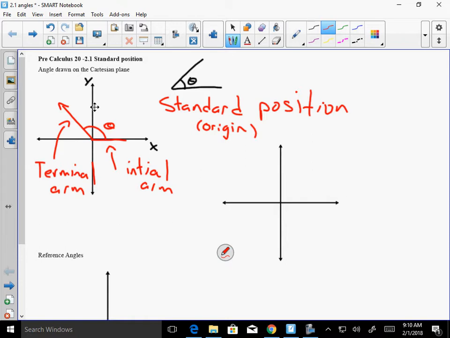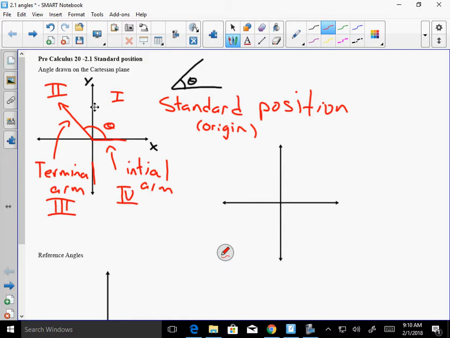Okay. Now, each one of these quadrants, I don't know if you guys have been taught this before when we did Cartesian planes, but there are 4 quadrants, right? This is quadrant 1, quadrant 2, this one down here is quadrant 3, and this one's quadrant 4.